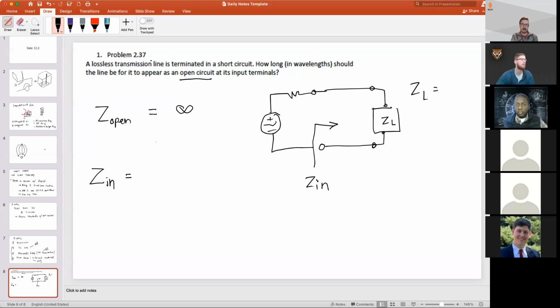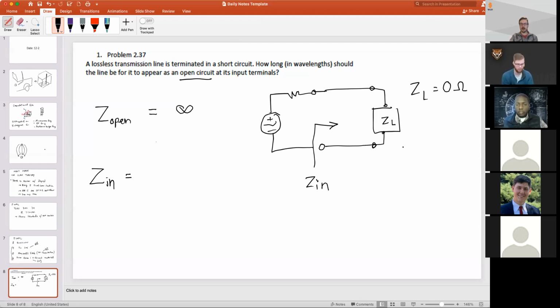So we have a lossless transmission line, and it's terminated. Let's start from the beginning. We have a lossless transmission line, which we just drew, and it's terminated in a short circuit. So what is the impedance of a short circuit? 0. Yeah, so that one is 0.